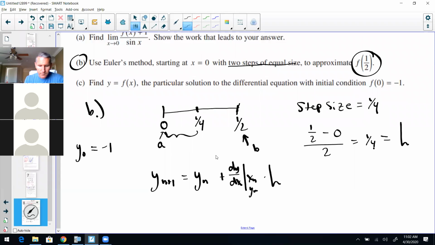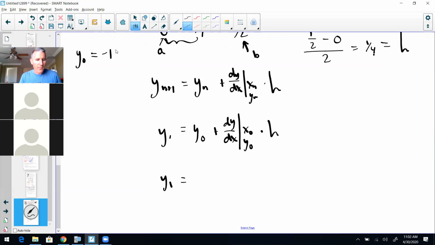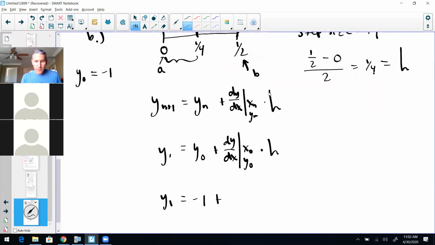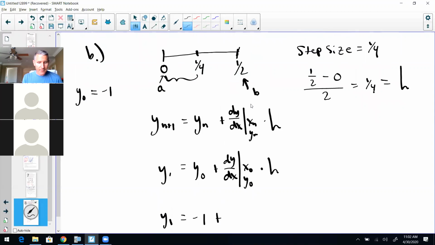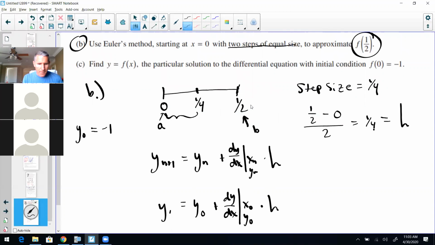So y sub 1 is equal to y sub 0 plus dy dx evaluated at x sub 0, y sub 0, times my h. Let's plug in what we know. My initial y value was -1. The derivative at x equals 0, y equals -1.